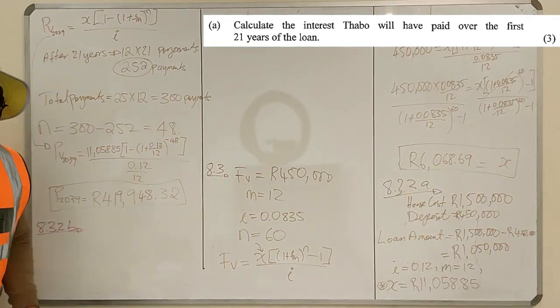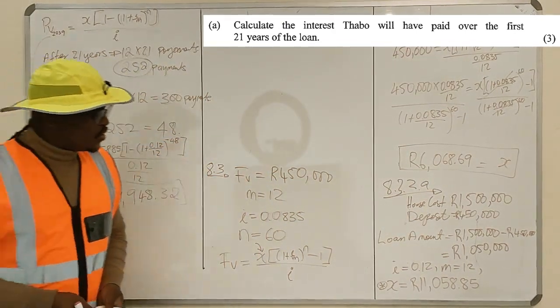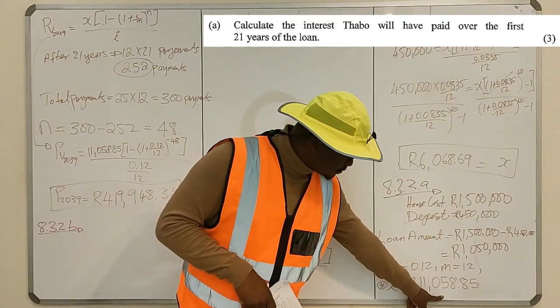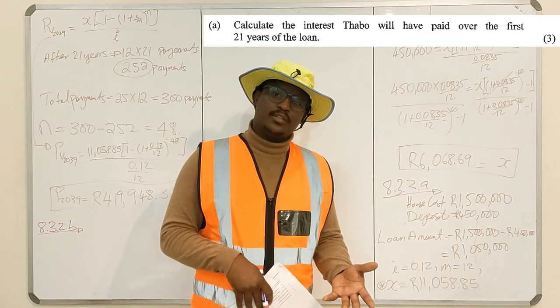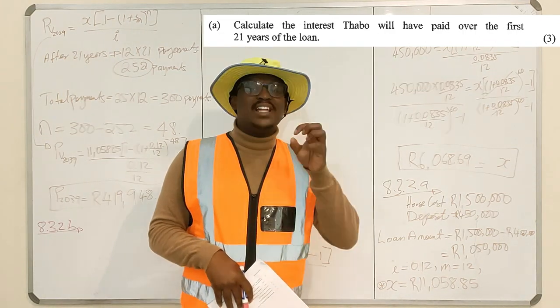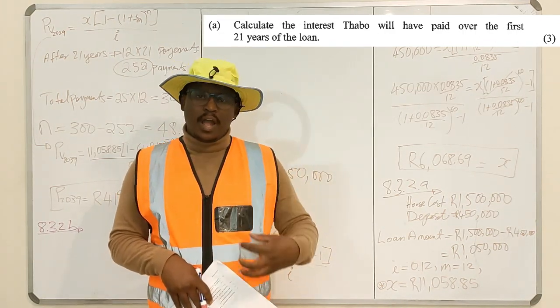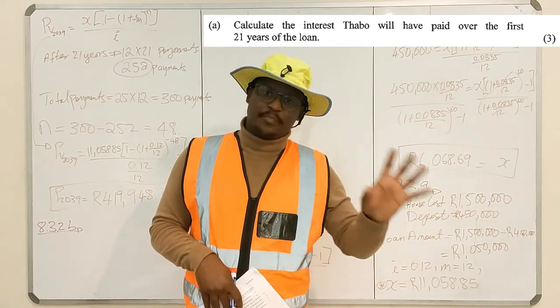You say, how much was Thabo paying? So, how much has Thabo paid into the account? In total, what is the amount that left Thabo's account into the bank's account as a repayment?